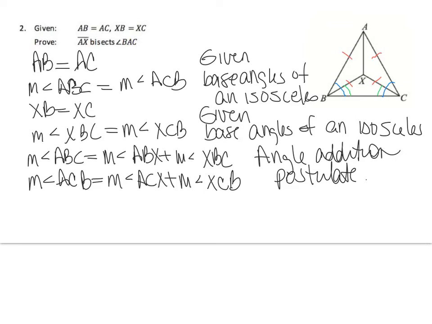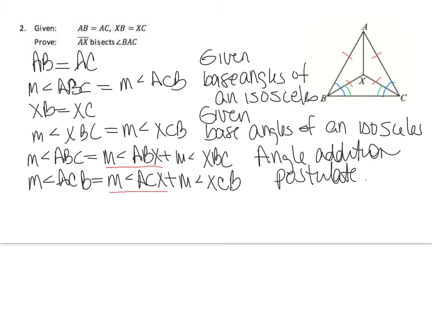Which is very cool. Okay, let's subtract stuff from both sides. So what I'm going to do is just do some algebra. I want to solve this equation for ABX, and for ACX.